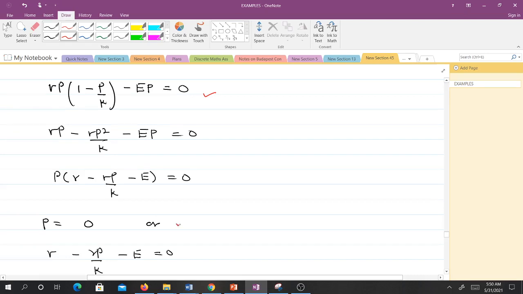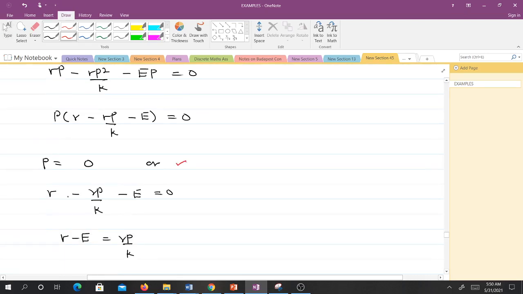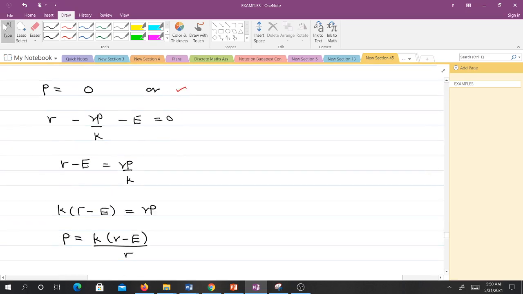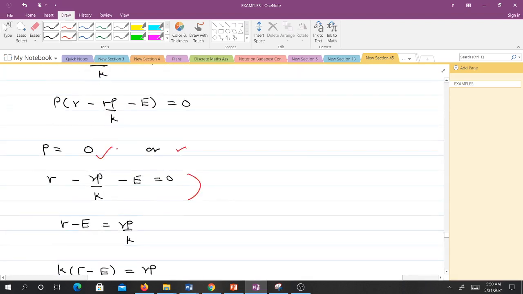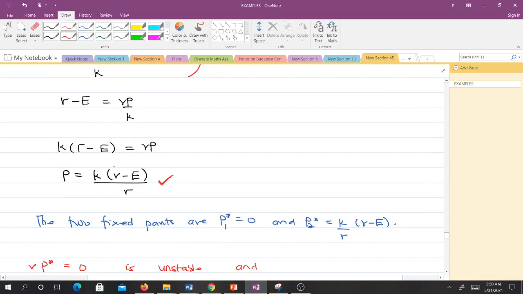And this means P equals 0 or R minus RP over K minus E equals 0. When we solve for P from this, we are going to get P equal to K multiplying (R minus E) over R. Okay, so we had P equals 0, and we had P equals K times (R minus E) over R. So the two fixed points are 0 and K over R times (R minus E).